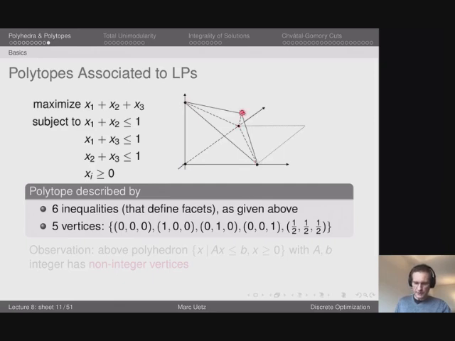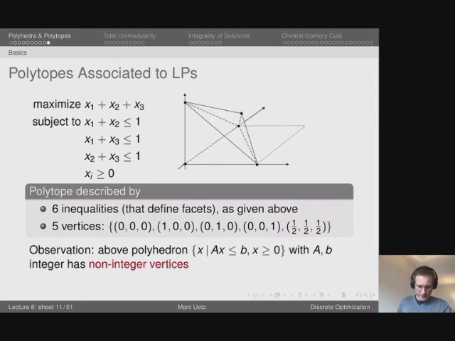But we also have this vertex here at the point 1/2, 1/2, 1/2. So that's a non-integral vertex. So the observation is that the above polyhedron with this linear system has non-integer vertices, even though all the coefficients have been integer.